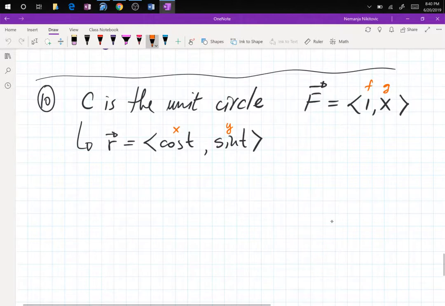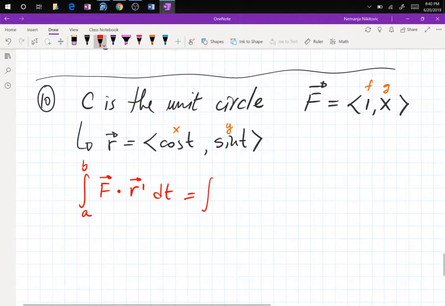The integral, I'll write it in blood, the integral is a to b of f dot R prime dt.